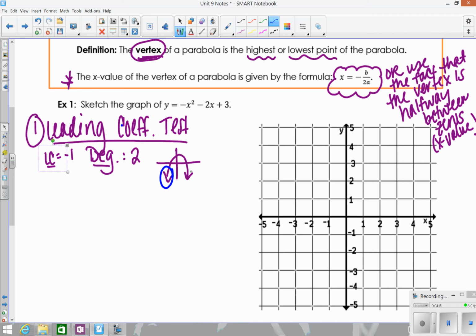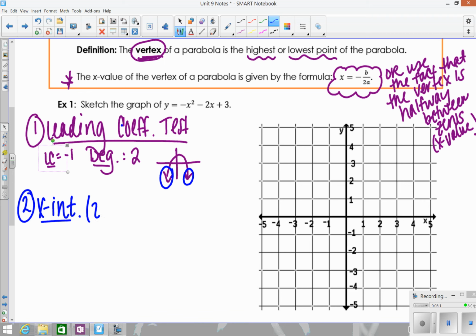So this really just tells me that both ends of my parabola are going down, my graph opens down. So that's important. The next thing that's going to be important is using those x-intercepts, because we know that our graph has to go down, but we don't know what's happening in here, where it's intersecting.